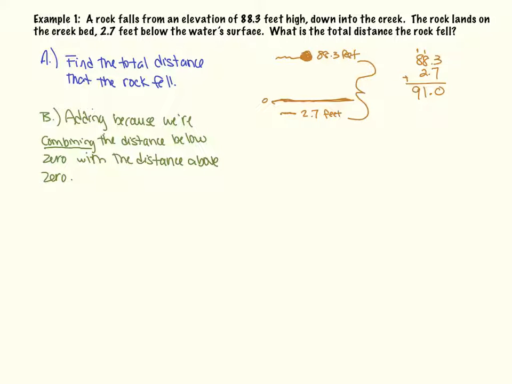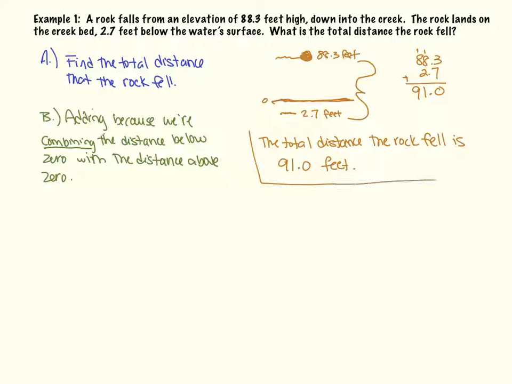So we would say the total distance the rock fell is 91 feet. So basically I'm just reiterating what it is that we're finding and then tagging the answer onto the end of it. Okay, and that whole entire thing is my answer.